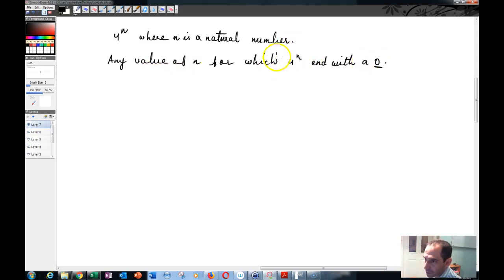For example, if n is equal to 1, then 4 raised to the power 1 is equal to 4. If n is equal to 2, then 4 raised to the power 2 is equal to 16. If n is equal to 3, 4 raised to the power 3 is equal to 64, and so on and so forth.